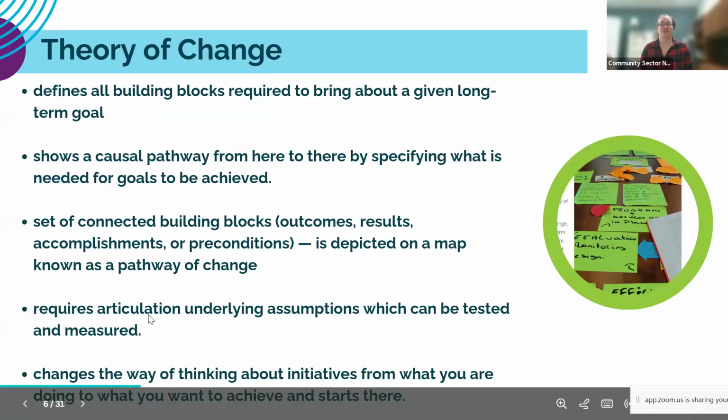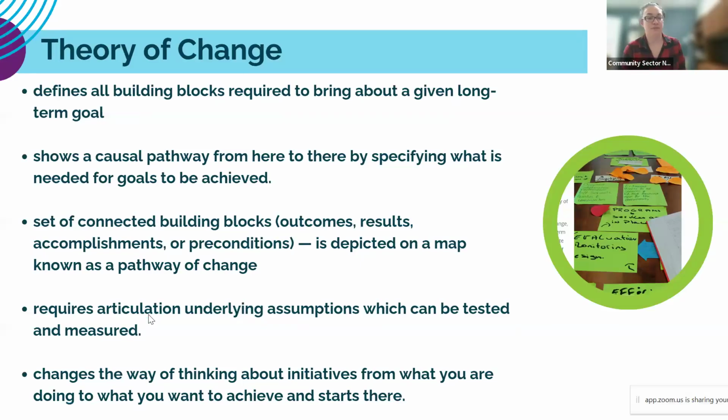So this is just another way to describe theory of change. So we have this causal pathway, and basically we're going to create a set of connected building blocks on a map that will display a pathway of change. And I have coming up both a generic example, like a generic framework, and then we'll go through some specific examples.